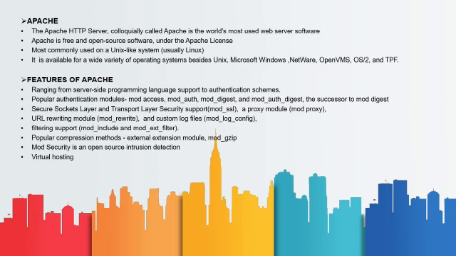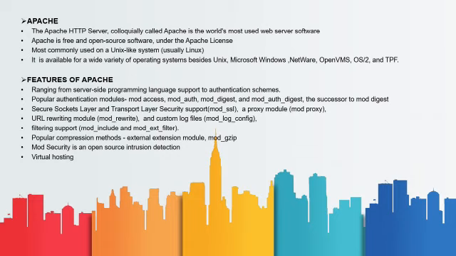And here we go for Apache and the features of Apache. The Apache HTTP server, commonly called Apache, is the world's most used web server software. The development of Apache began in 1995 after work on the NCSA code. Apache played a key role in the initial growth of the World Wide Web, quickly overtaking NCSA HTTP as the dominant HTTP server.